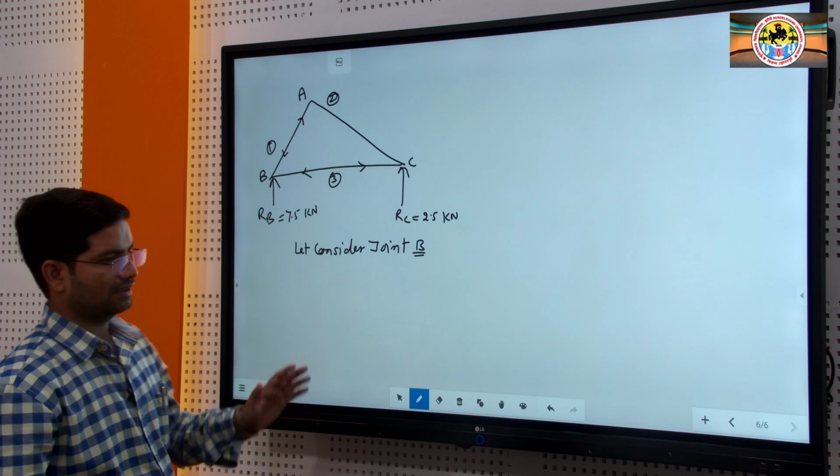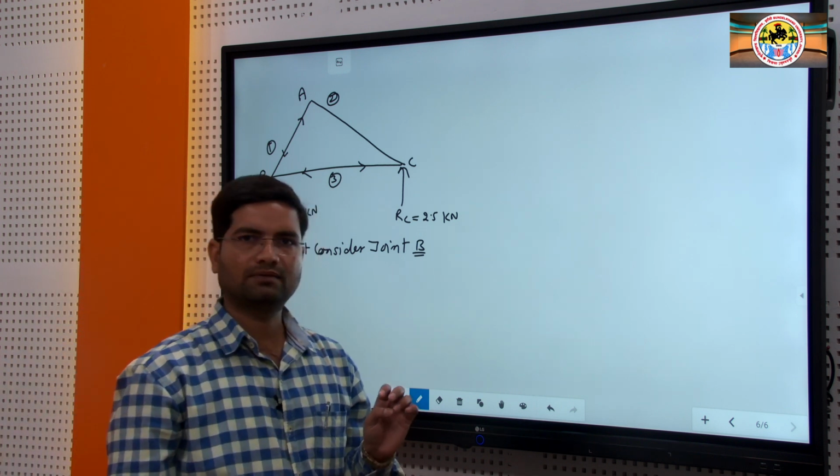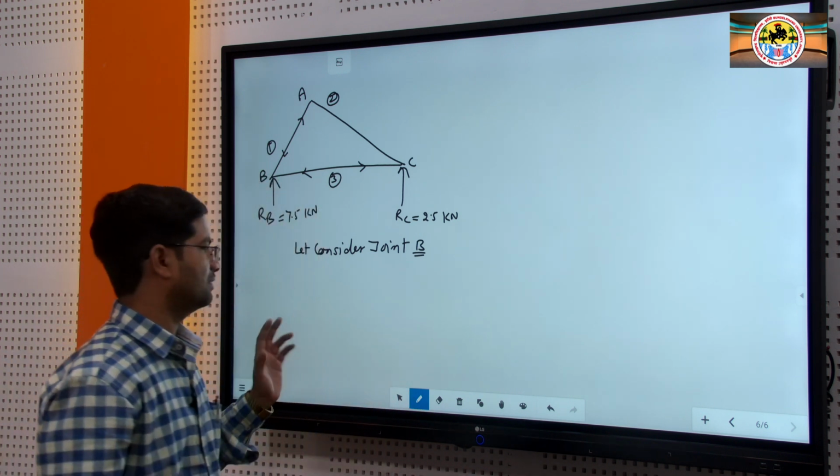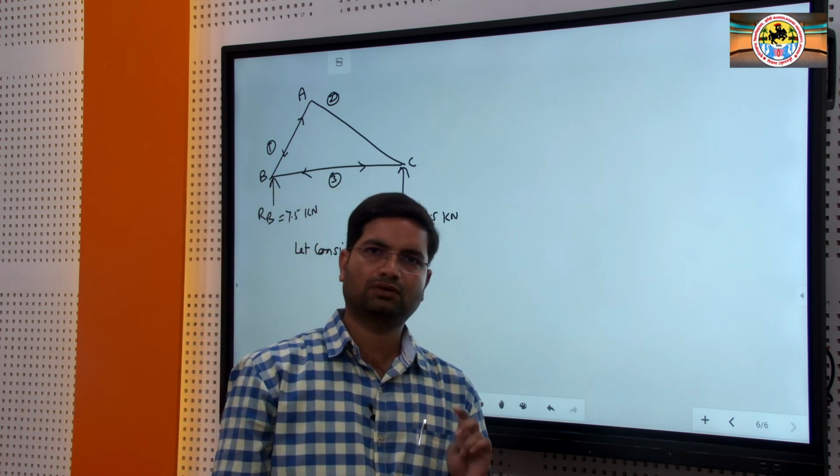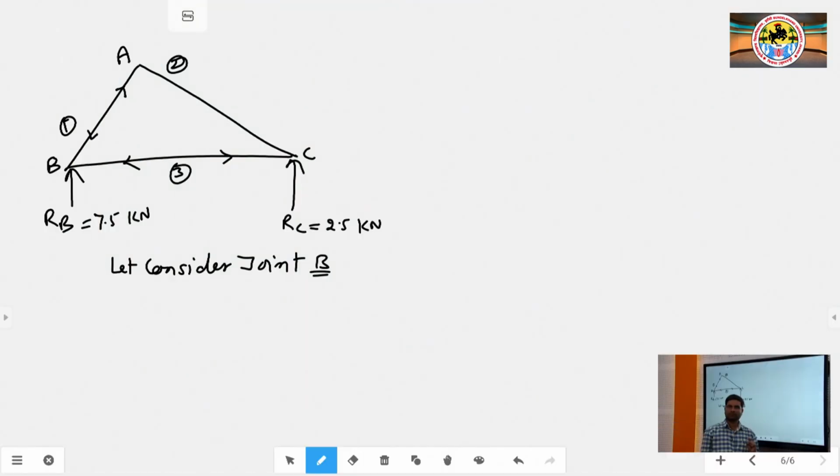Now, after calculating, if the value comes positive, then the direction which you have assumed is correct, and if the value comes negative, then your assumption was wrong, and the actual direction of the force or stress is just opposite of that. So, now let us consider the joint B.